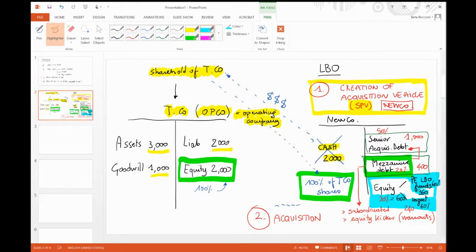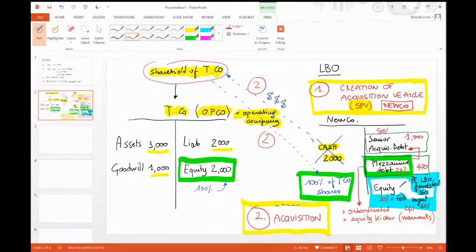So this company now is ready to carry out the second step of our acquisition, which is, in all sense, the acquisition in the strict sense. So what is done is that the cash that is raised, this is phase number 2, is spent. So the company spends cash to pay the existing shareholders of TICO.